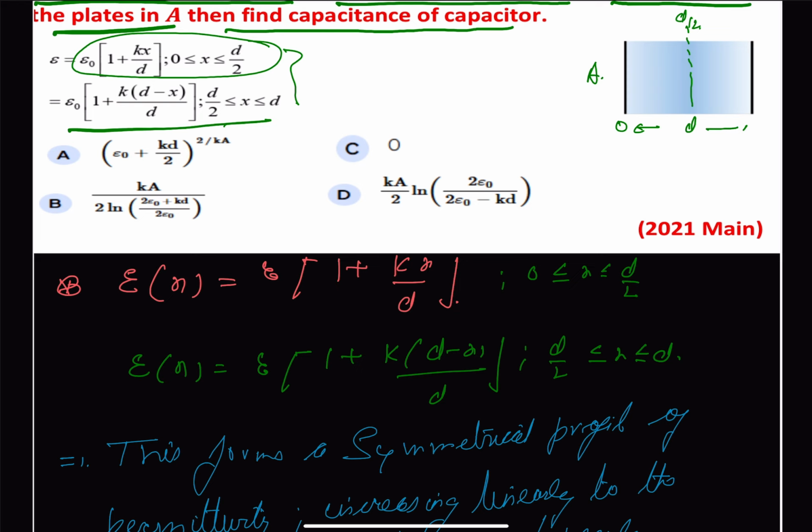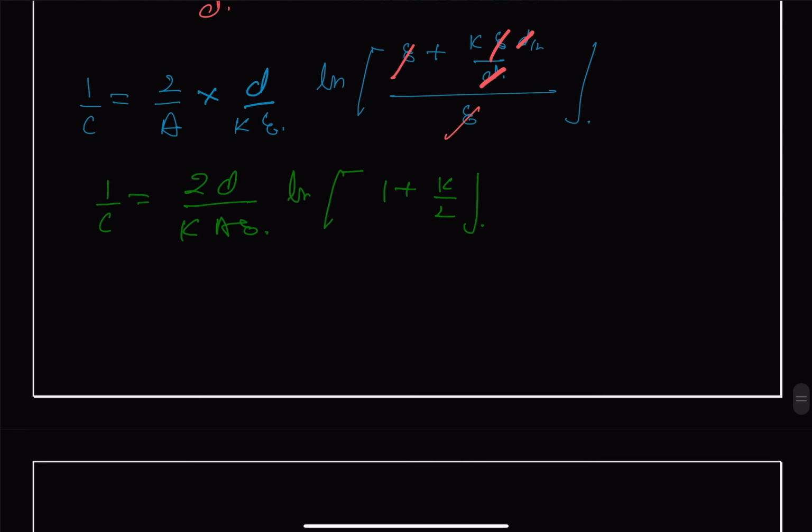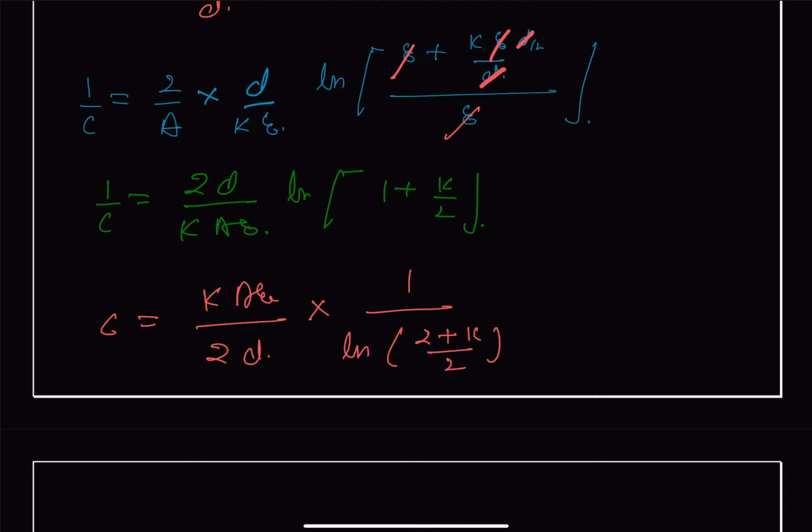So let me write C, hopefully. From here I get that my C will be equal to k A epsilon naught divided by 2d and 1 upon the natural log, and this will be coming as 2 plus k divided by 2. I think one term is missing here.